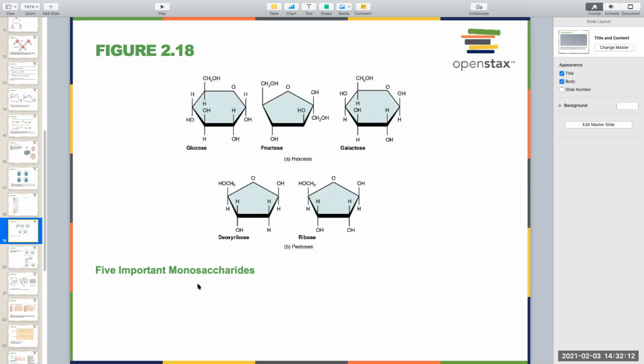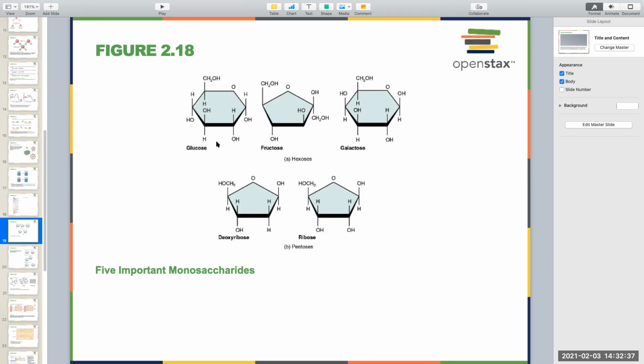So mono is one, di is two, tri is three. And then saccharide will always tell you that it belongs in the carbohydrate family. A saccharide will never refer to a protein, it will never refer to a fat, and it will never refer to a nucleic acid. Okay. So monosaccharides are carbohydrates.